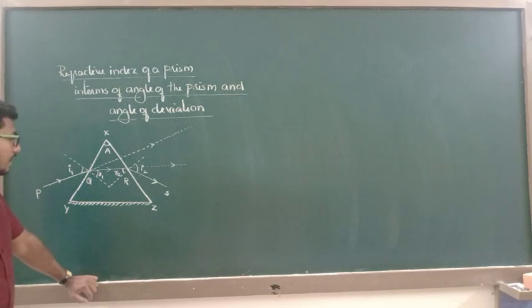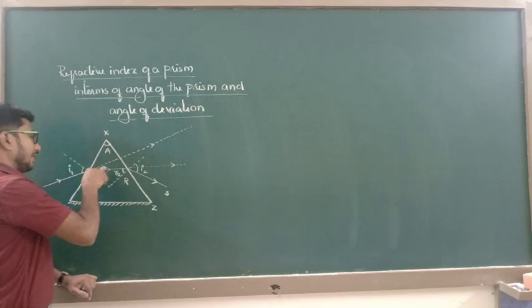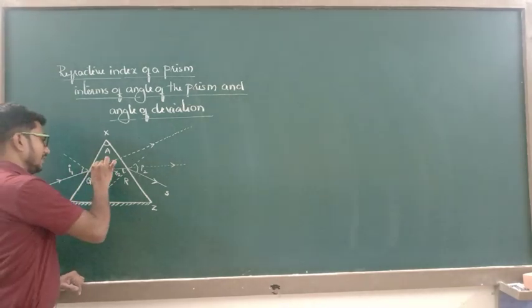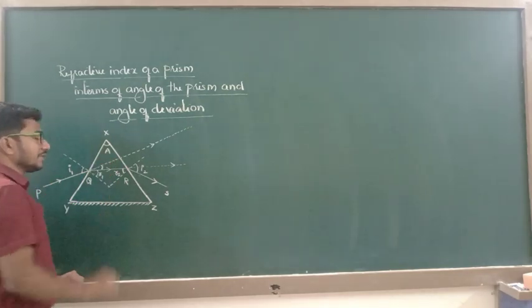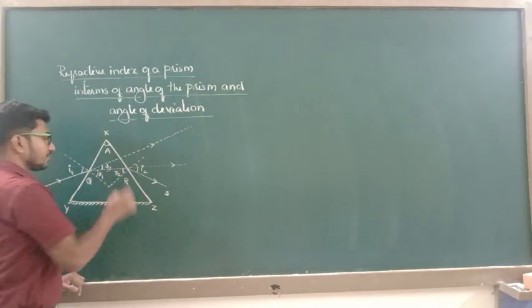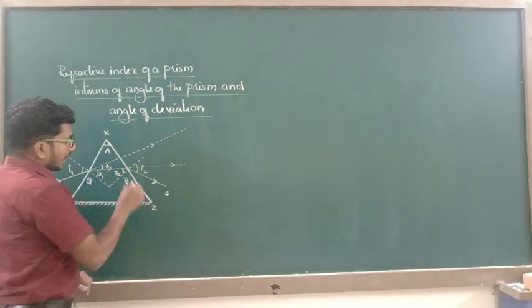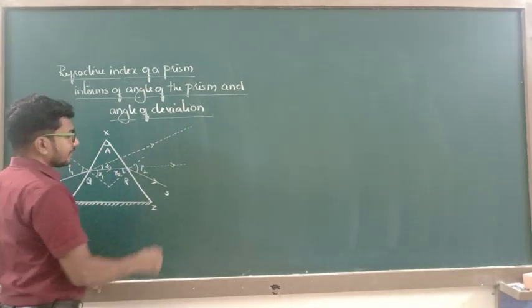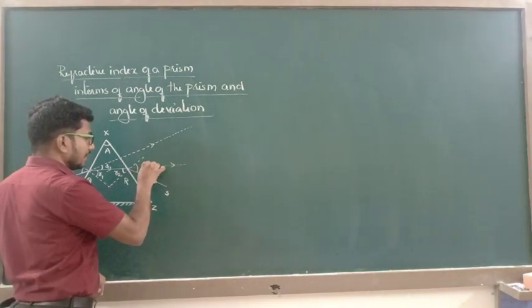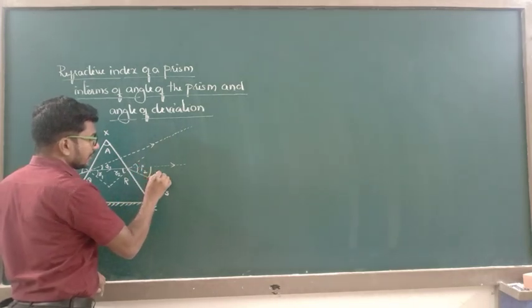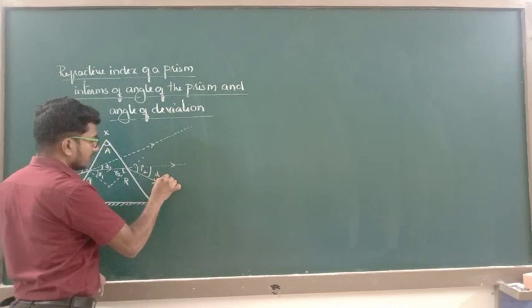So we know that angle between a refracted light ray and actual path of incident light ray, this angle is known as angle of deviation. Let us say this angle is D1. Angle between incident light ray and a refracted light ray, this angle is known as angle of deviation, that is D2.